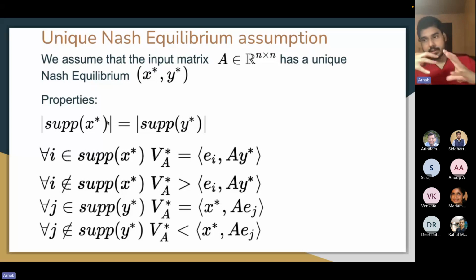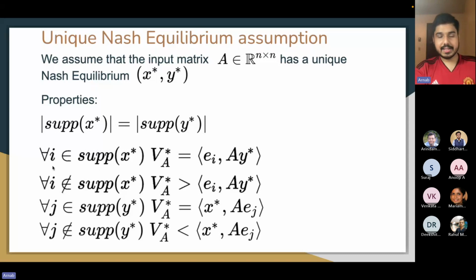Now, essentially, the support is where the game is taking place. If your row is not part of your support, the row is in some sense suboptimal for the row player. Similarly, if the column index is not part of the support of y star, then the column is suboptimal for the column player.